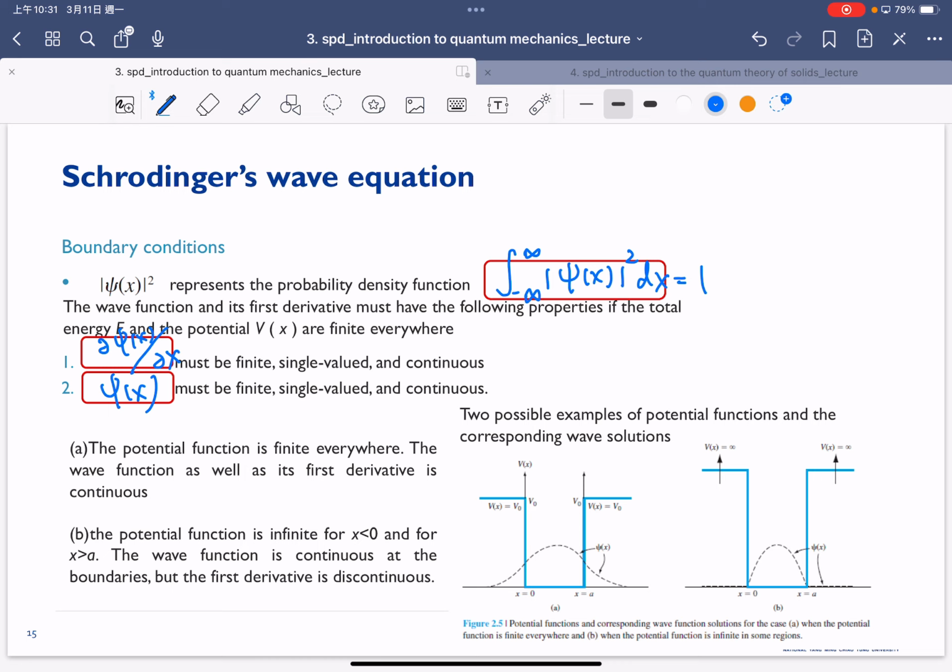So that's a certain boundary condition. If the potential function is finite everywhere, then the wave function as well as its first derivative is continuous. If the potential function is infinite, then the wave function is continuous at the boundary, but the first derivative is discontinuous.